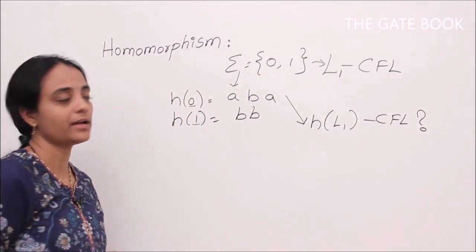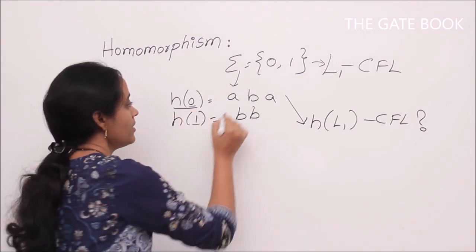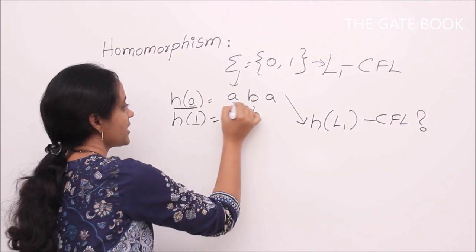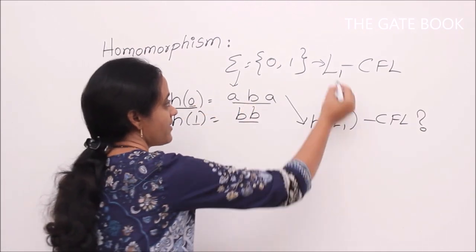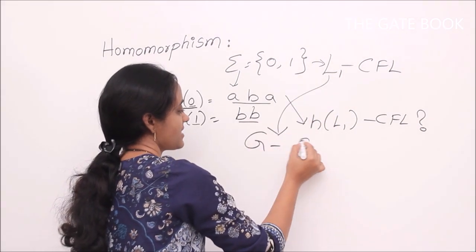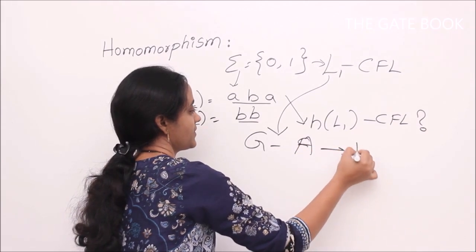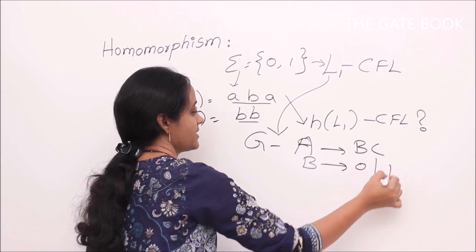So is it a CFL? It is a CFL because we are simply substituting ABA in place of 0 and BB in place of 1. Assume that because L1 is a CFL, there will be a grammar G which has some productions like this, and finally there will be some single terminals like this.